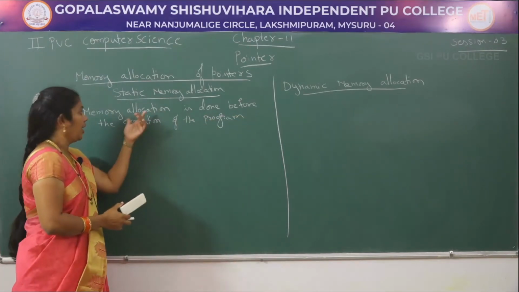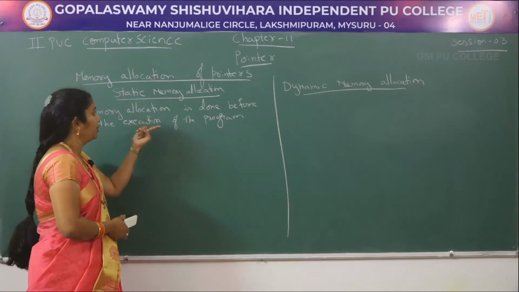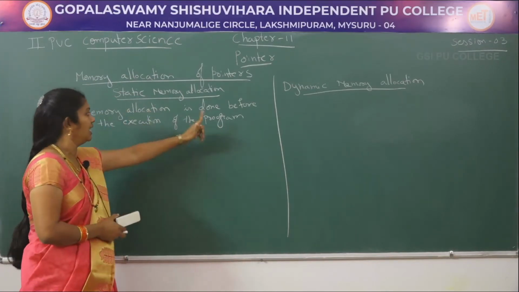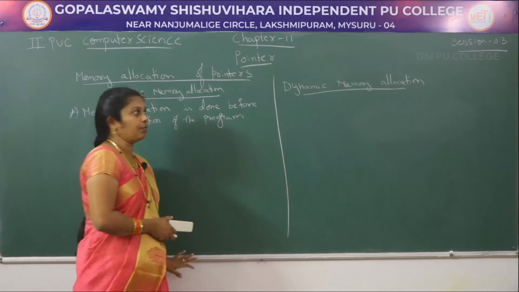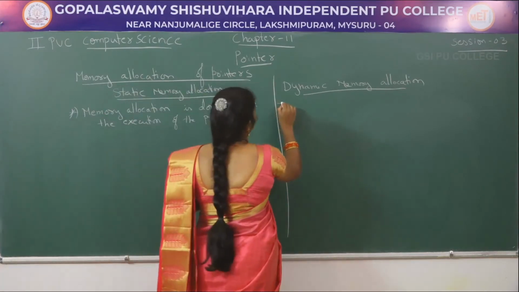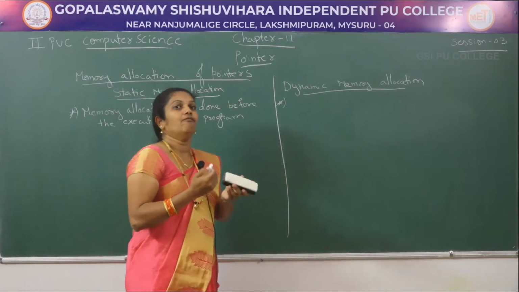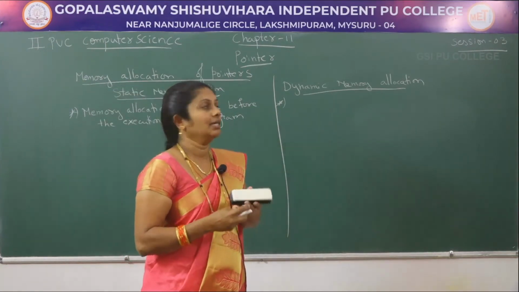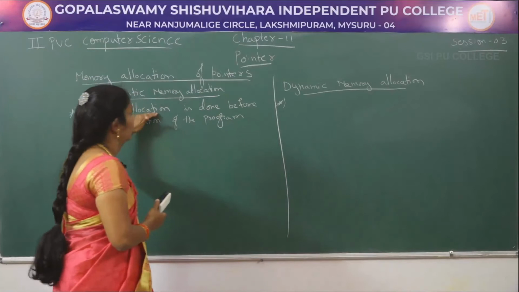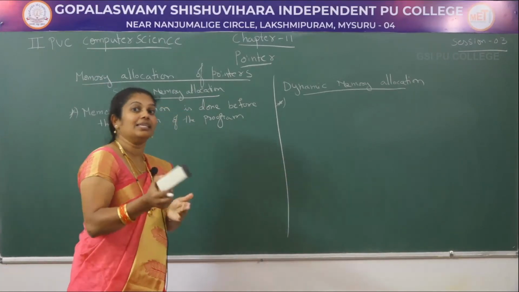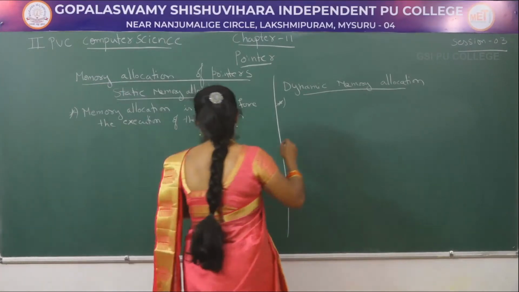In static, before itself, we have to allocate. The memory allocation is done before the execution of the program. But when we come to dynamic memory allocation, here the memory will be allocated whenever we need it. Here, memory allocation is done at the time of execution.